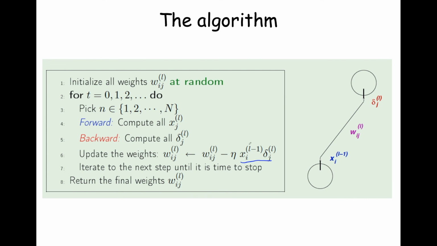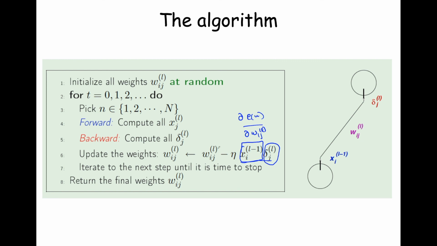And so here we update our weights in proportion to dE of w with respect to w_ij superscript L. So this is the dE portion, and this is the dw portion.